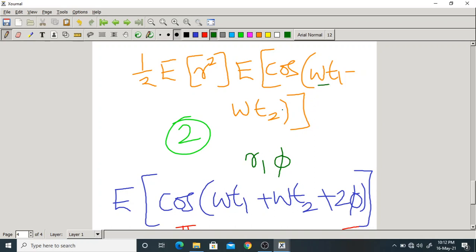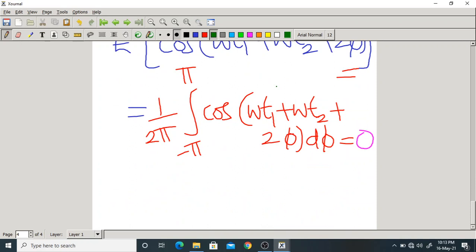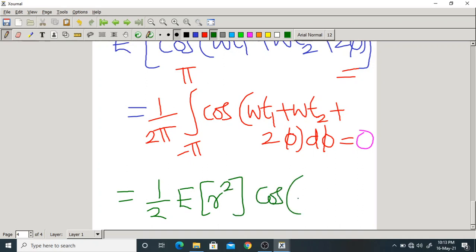The expectation of any constant is the constant itself. So what is the answer finally? The answer is half of the expectation of r square into cos of omega t1 minus omega t2. This is the answer.